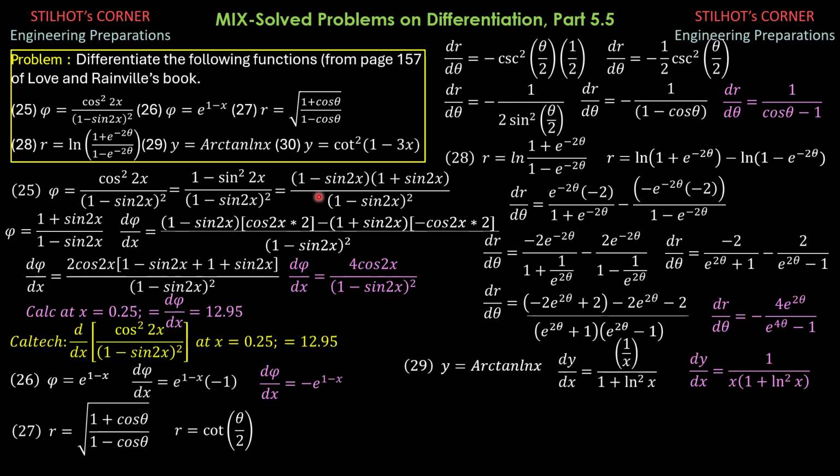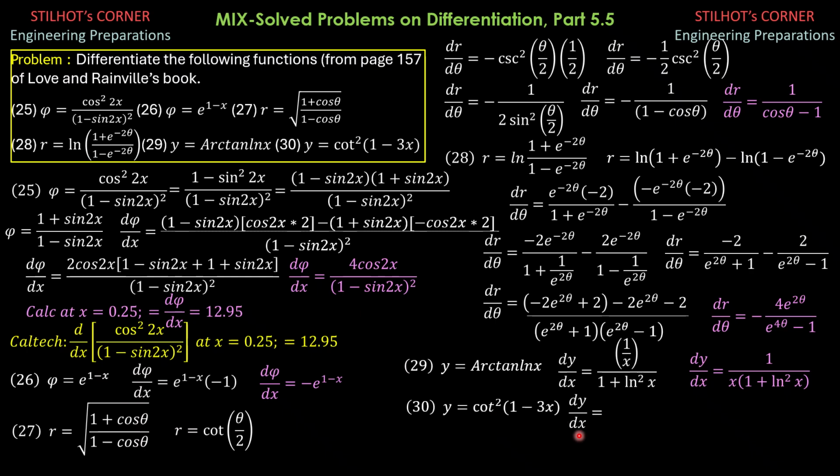Then 30, y equals cotangent square of 1 minus 3x by power formula first. U is 1 minus 3x, so 2 cotangent of 1 minus 3x. Derivative of cotangent next is negative cosecant square of 1 minus 3x. Then lastly, derivative of 1 minus 3x, which is negative 3.